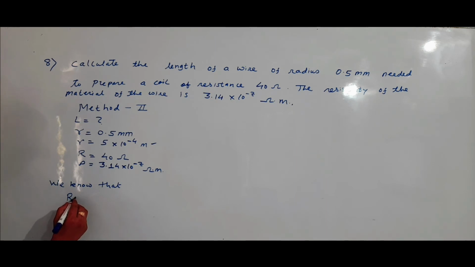Resistance of a wire is directly proportional to length of wire and inversely proportional to the cross section area of the wire. So we can write R is equal to a constant, that is resistivity of a material, into length upon area of cross section.